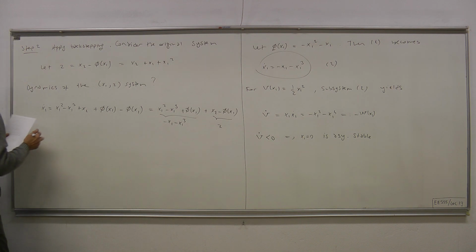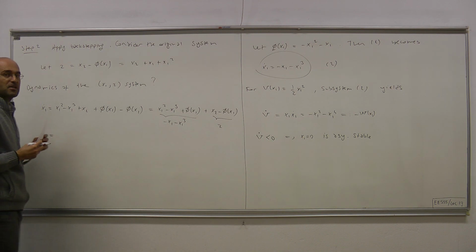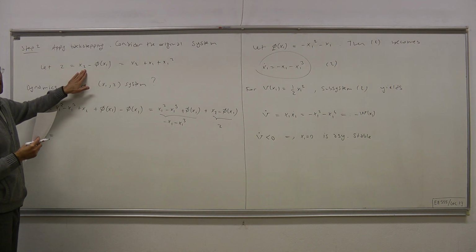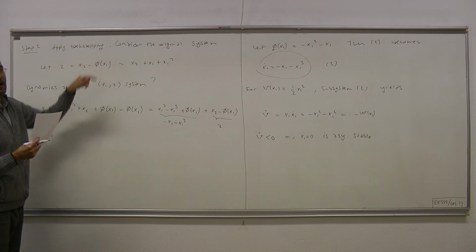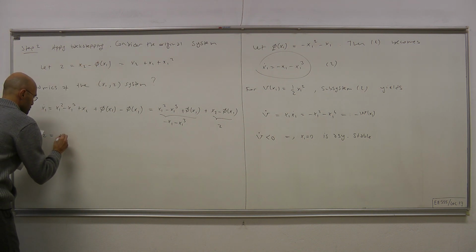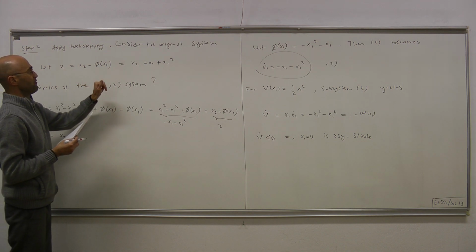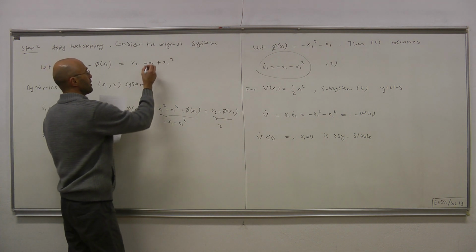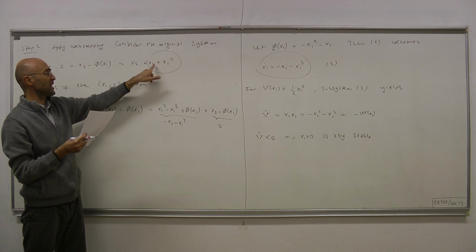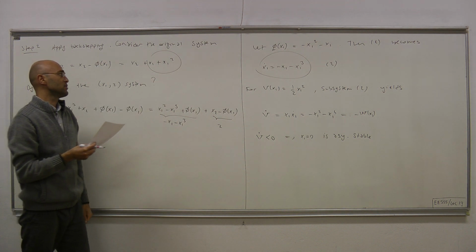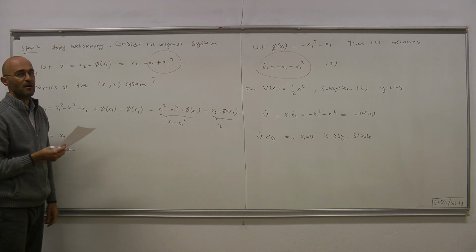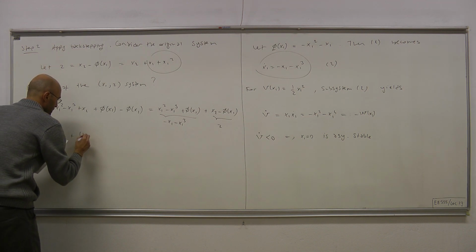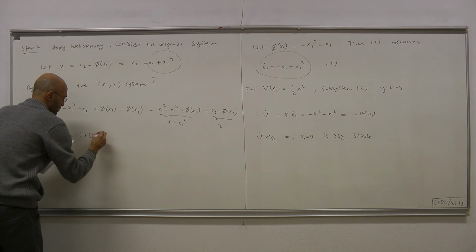And how about the dynamics for z? What's z dot? Z is here, so z dot is x2 dot minus phi dot, or x2 dot plus the derivative of this term. What's this derivative? It's x1 dot plus 2x1 x1 dot. So it's 1 plus 2x1 times x1 dot.